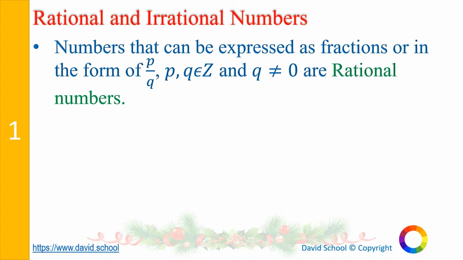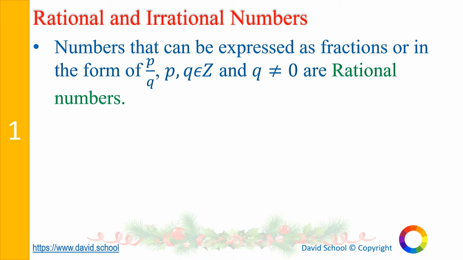In other words, all the fractions are rational numbers if both numerator and denominator of that fraction are integers and denominator is not equal to 0. Rational numbers look like fractions, but both numerator and denominator are integers and denominator is not equal to 0.